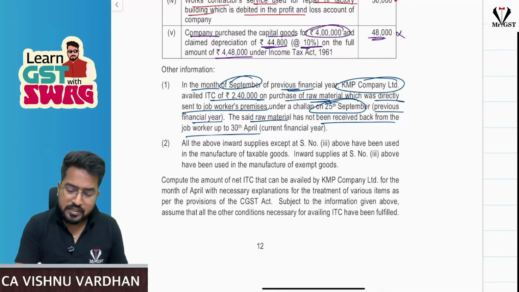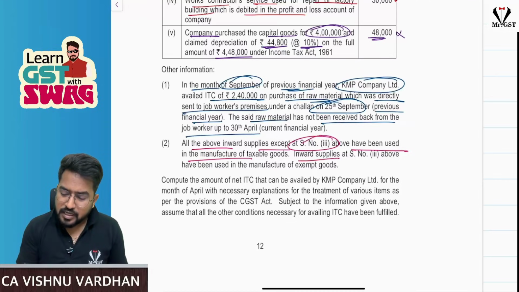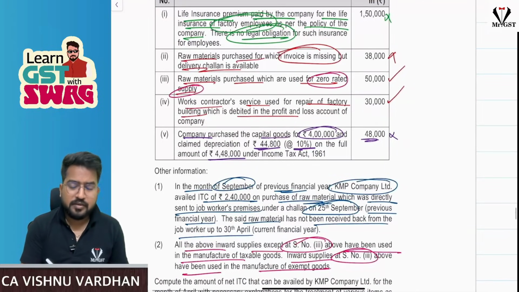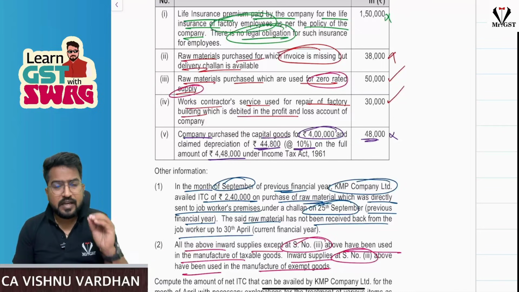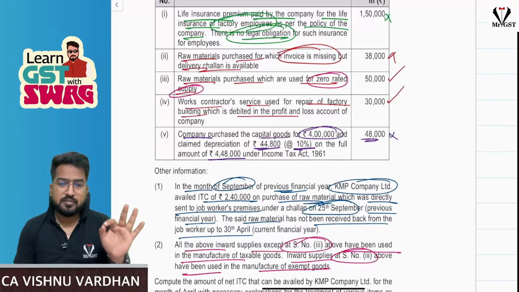Simple. Next, all the above inward supplies except serial number 1 and serial number 3 have been used for manufacturing taxable goods. Inward supplies at serial number 3 above have been used in manufacturing exempt goods. Sir, in serial number 3, it is zero rated supply. So, zero rated supply means automatically when you are exporting or supplying to SEZ, you can happily take ITC no matter whether the good is taxable or exempt, it doesn't matter. Please be careful here.